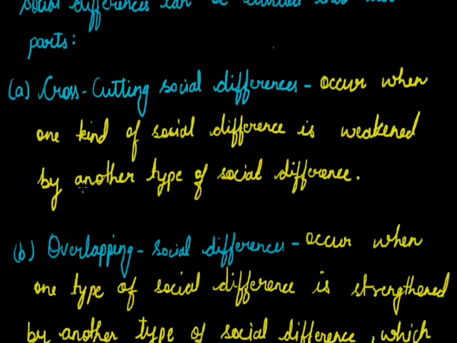Cross-cutting social differences are those differences which prevail in any common society. For example, if we take the context of Indian society, we have people living in a single society coming from different religions and different castes and different backgrounds.